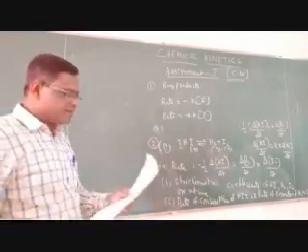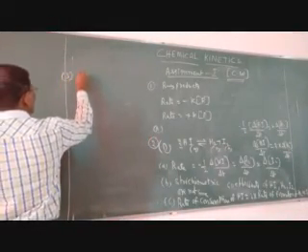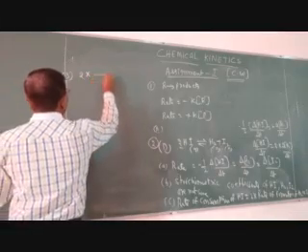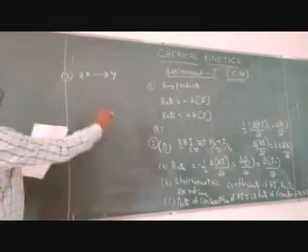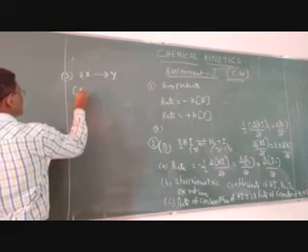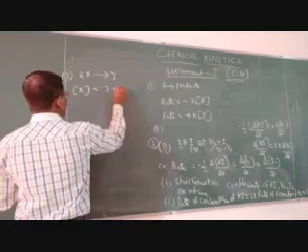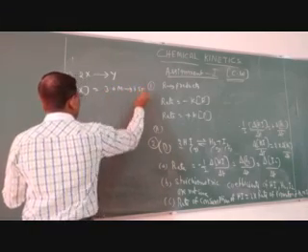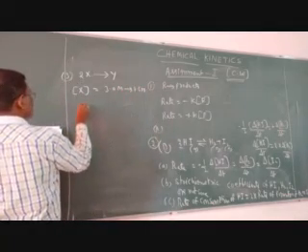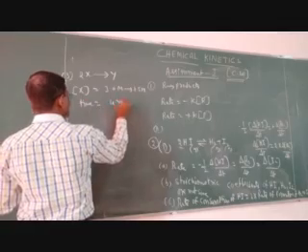Next, question number 3. In a reaction given as 2x gives rise to y, the concentration of x decreases from 3 molarity to 1.5 molarity in time. How much time is given? 4 minutes are given.